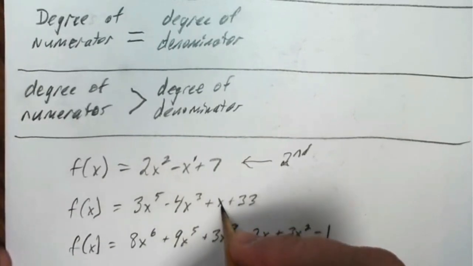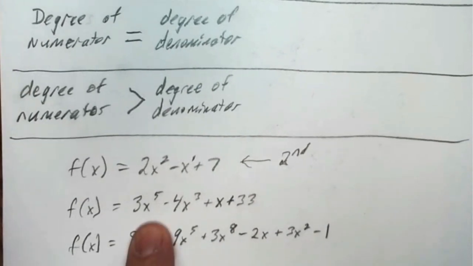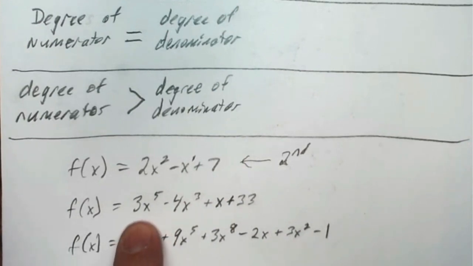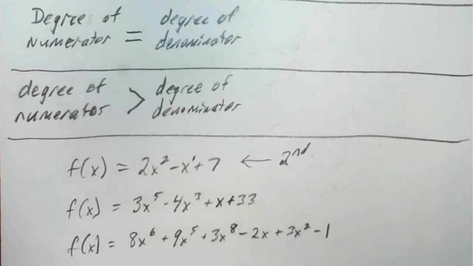All right. What about this one? 3x to the 5th minus 4x to the 3rd plus x plus 33. All right, put the degree of that in the chat there.